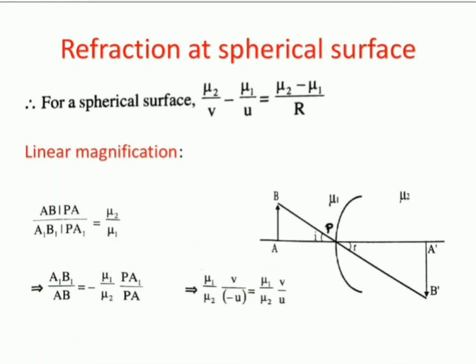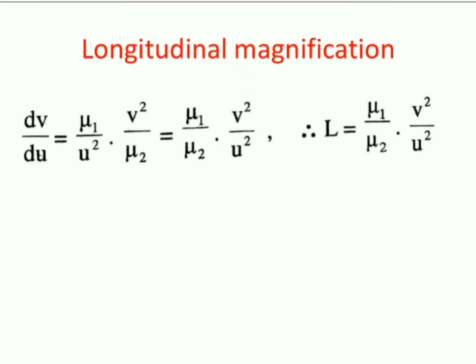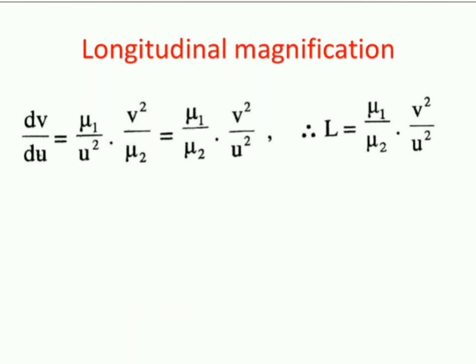So what is the formula for linear magnification here? For spherical surfaces, height of image by height of object is mu1 by mu2 into V by U. For longitudinal magnification, meaning dV by dU: if your object is along the principal axis of a spherical surface, then the length of image dV is obtained by the formula dV by dU equal to V square by U square into mu1 by mu2.